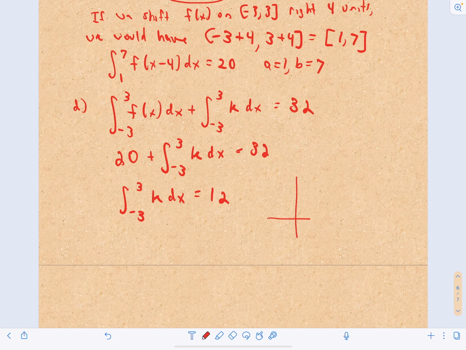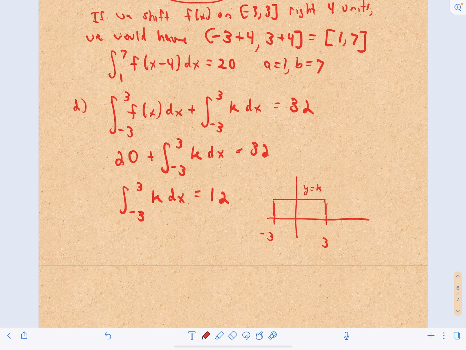And again, we can think about, okay, so we're going from -3 up to +3. We've got this line y equals k. I know that my integral has to be positive. It's got to be positive 12, so I know that my function's going to have to be above. Let's try this one more time. So there's the line y equals k.